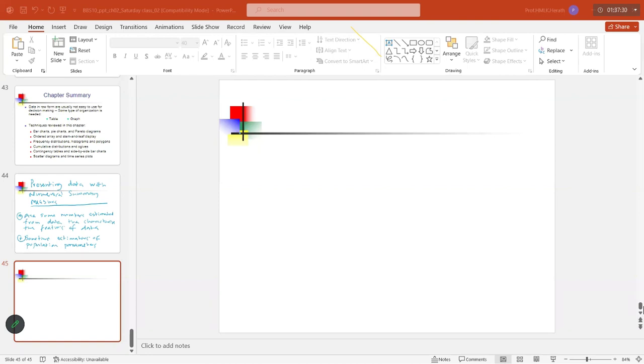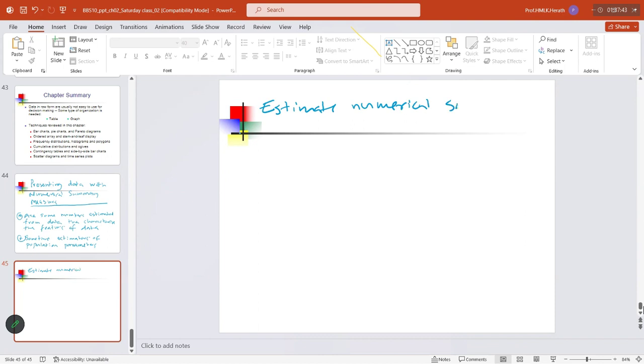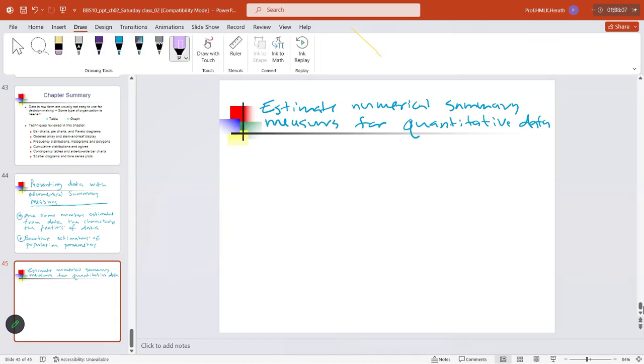We estimate numerical summary measures for quantitative data. It's for quantitative data only; we do it for quantitative data.